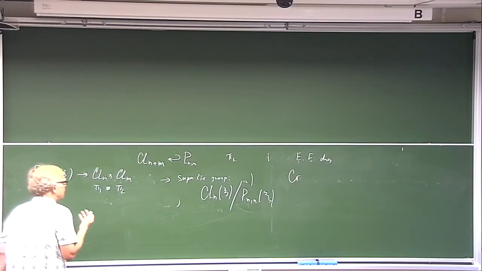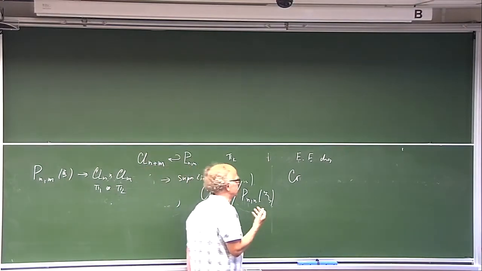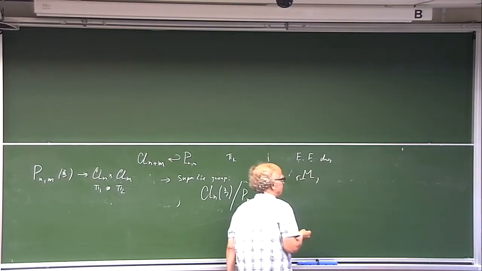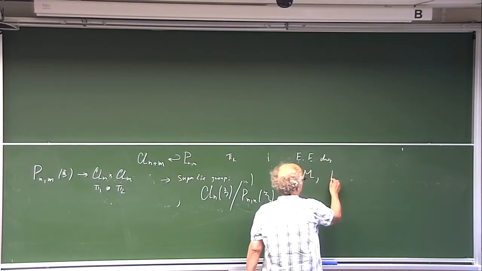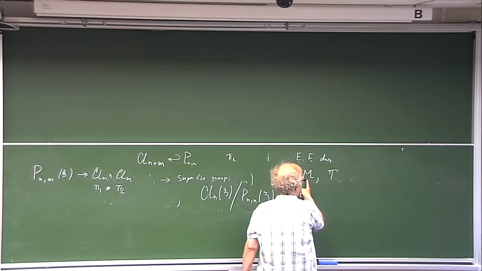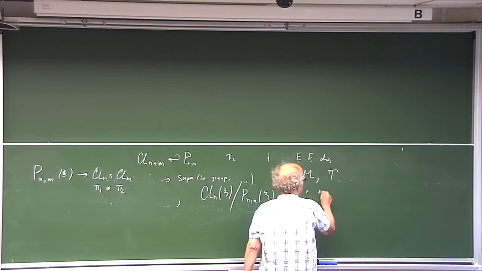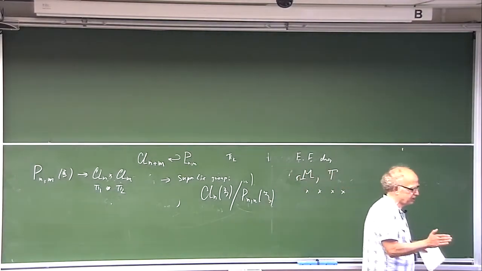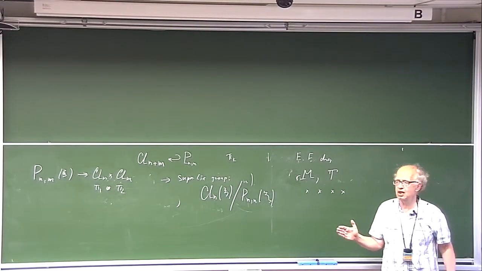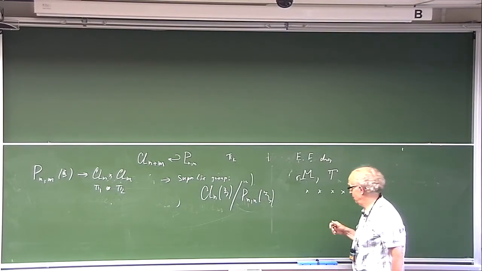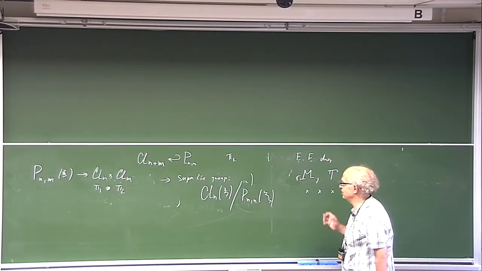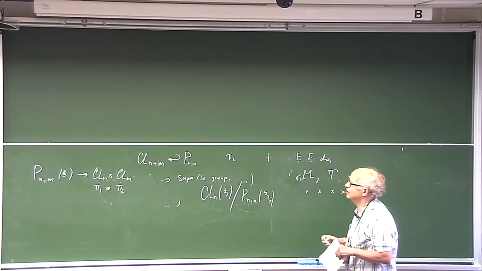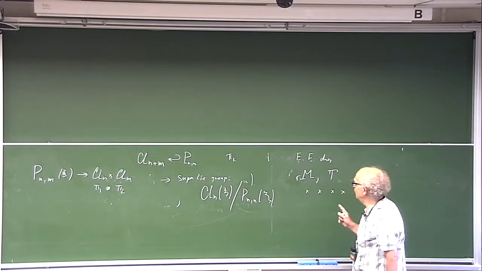And the Lefschetz fixed point formula says that if you take some manifold, super or not, it doesn't matter, where some torus is acting, and you have a finite number of fixed points, and if you calculate the equivariant Euler characteristic, it will be the sum over fixed points, and the term corresponding to a fixed point is easily calculated, and I will say something about it in a moment.